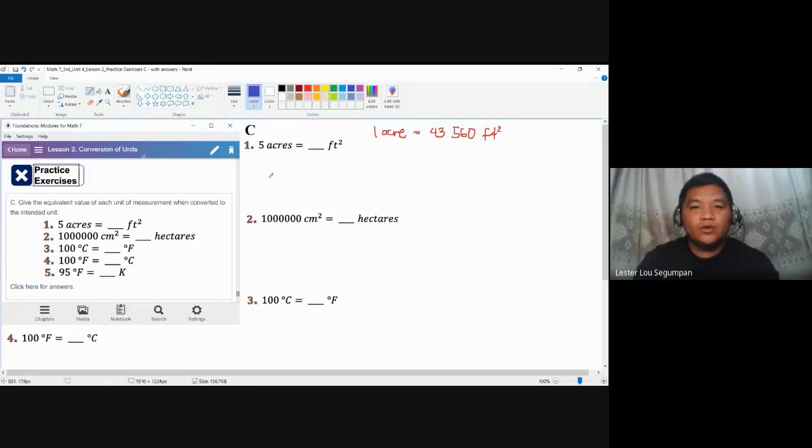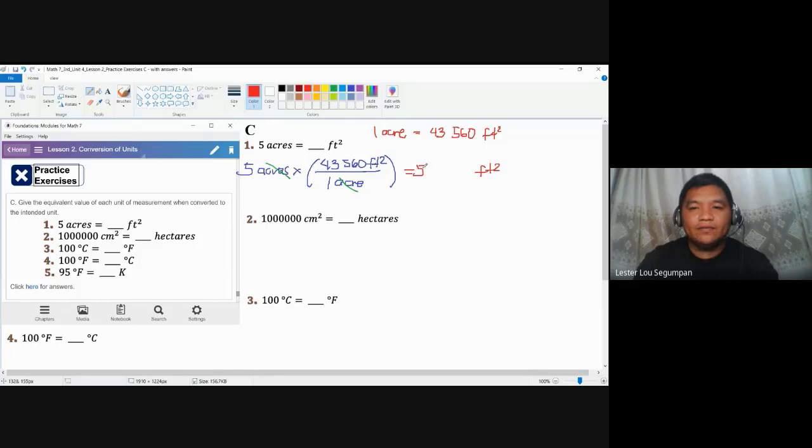So using dimensional analysis, you have 5 acres times 1 acre. Acre again is placed in the denominator, so we could cancel the unit, and we'll have the equivalent here, 43,560 square feet. And then when we remove that, the final unit left is square feet.